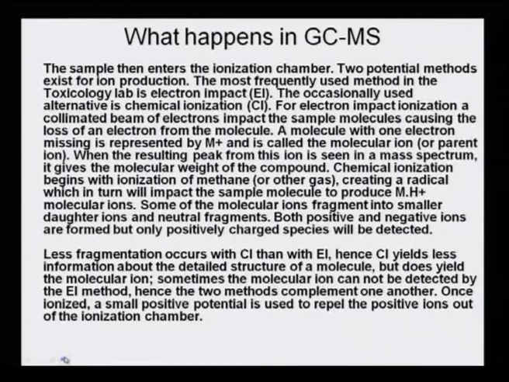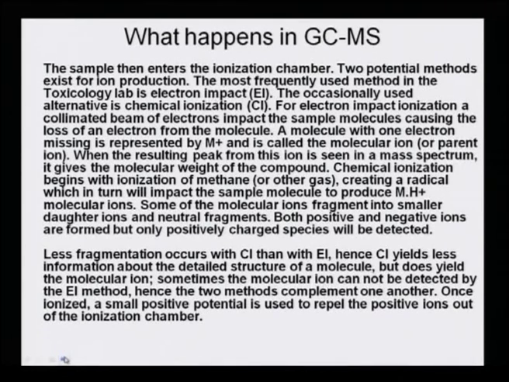Chemical ionization begins with ionization of methane or any other gas which is used, creating a radical which in turn will impact the sample molecule to produce the M dot H plus molecular ion. Some of the ions fragment into smaller daughter ions and neutral fragments.